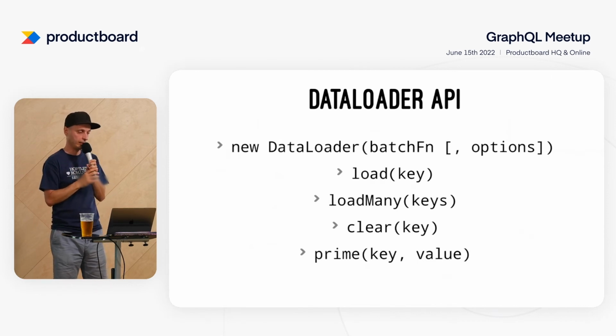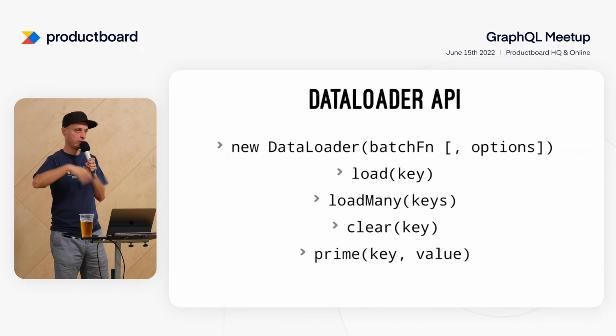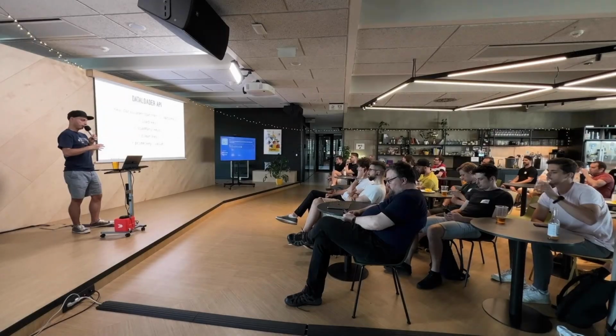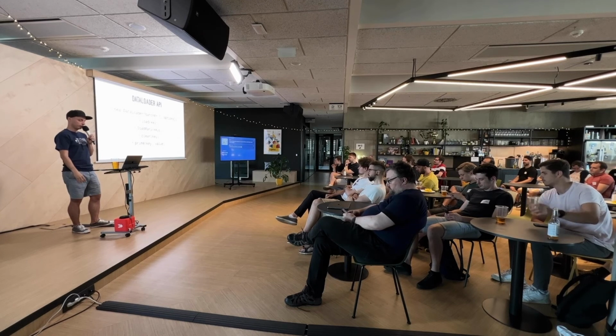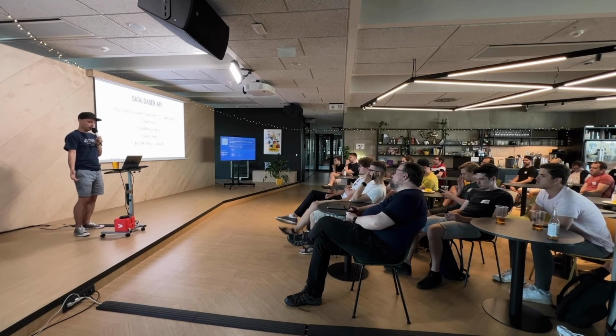This is very handy if you have an API that provides a list of complete objects, because it would be a waste of resources if you just iterate the list, and when some other resolver wants to fetch the entity by its ID, you have to call the internal API, because you already had the data. So when you were processing the list, you ideally could call prime to cache the data, so when some resolver wants the data, it would be immediately available through the internal cache.